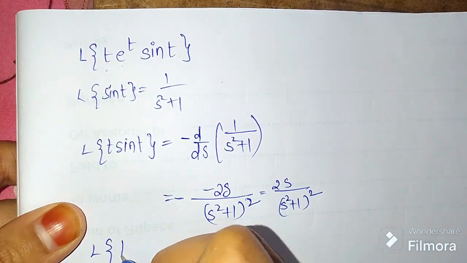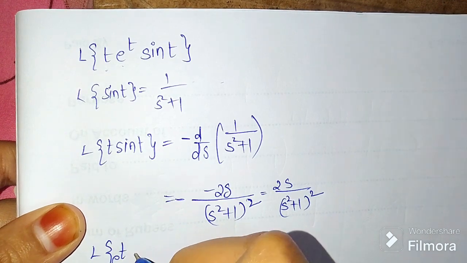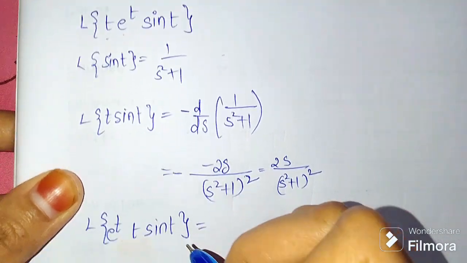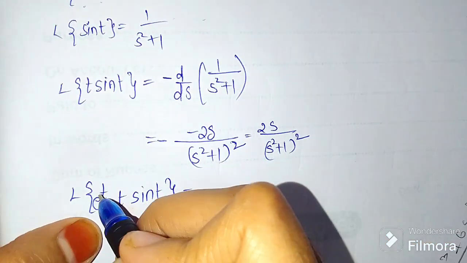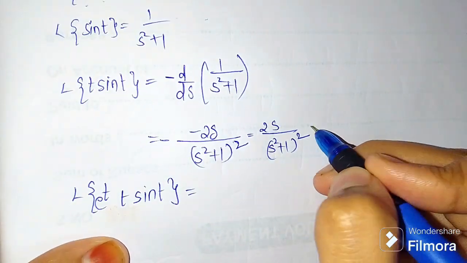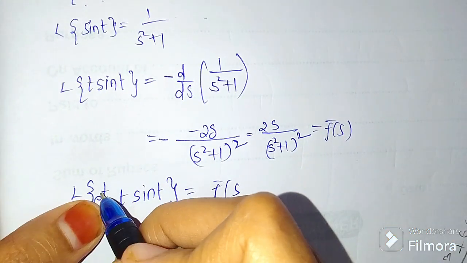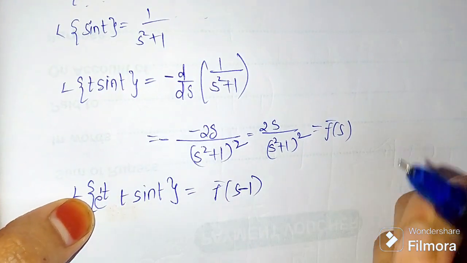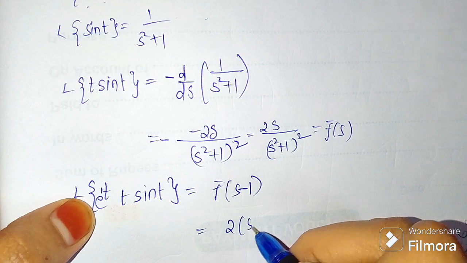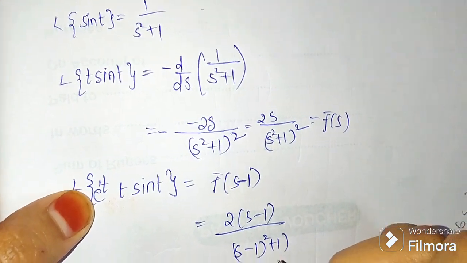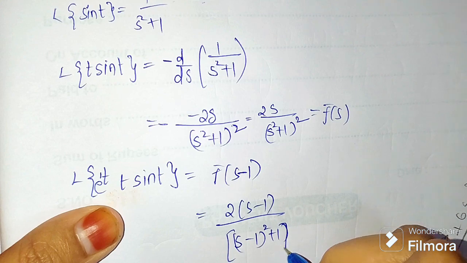Now finally e power t sin t. This will be, simply I have to shift this. If this is my f bar of s, I have to write f bar of, here 1 is there, so s minus 1, which is nothing but 2 into (s minus 1) by ((s minus 1) whole square plus 1) whole square.